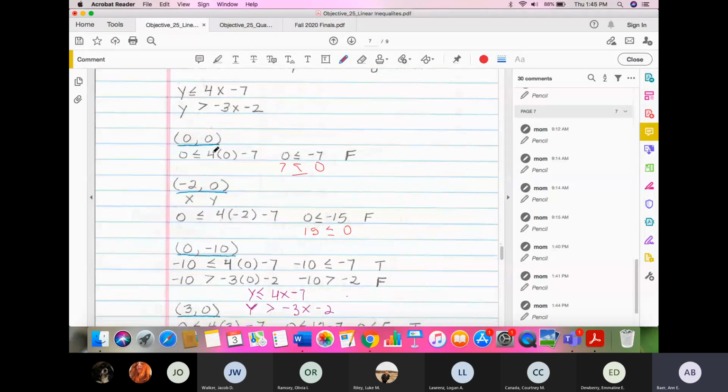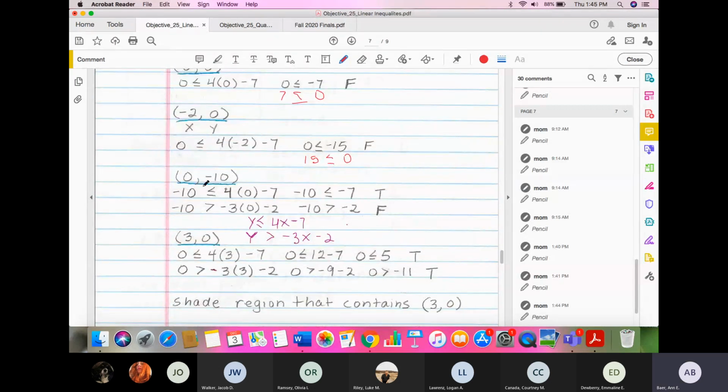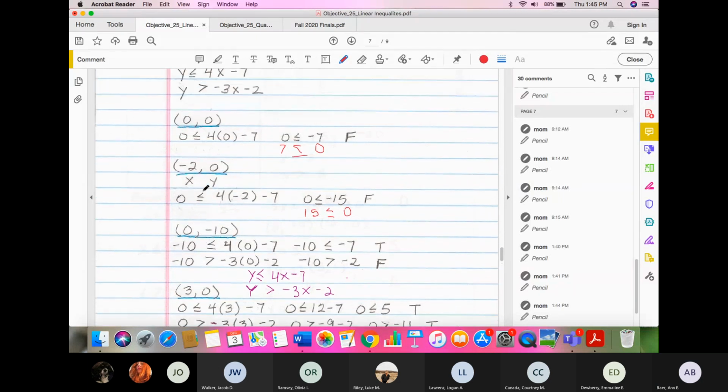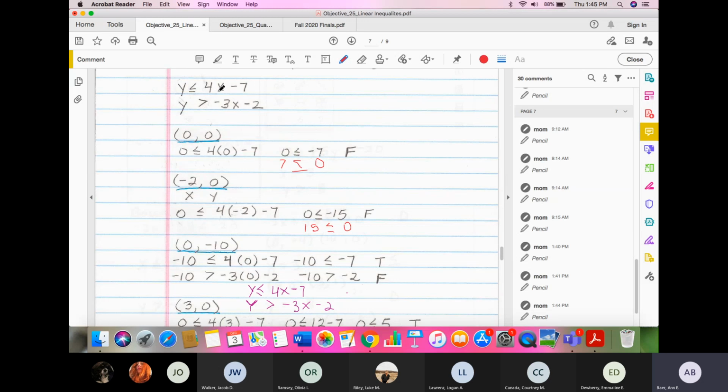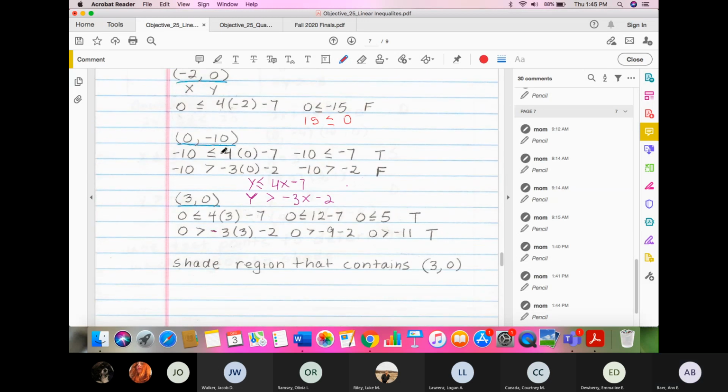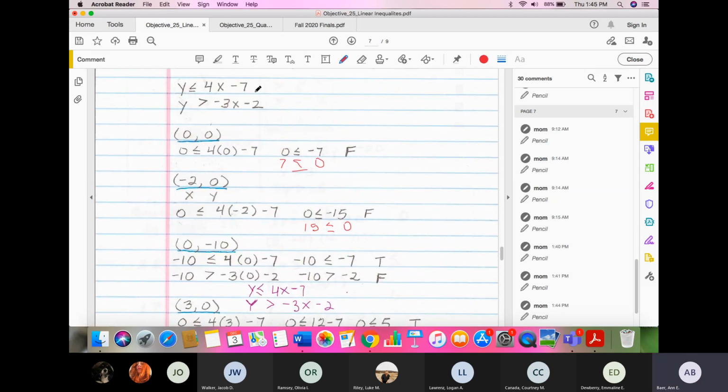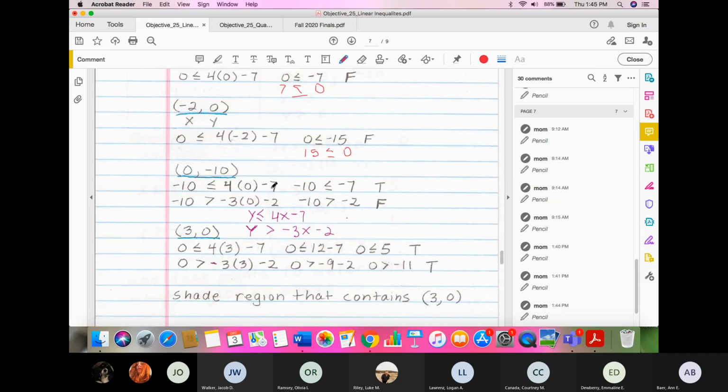So we have a y. Our y for this test point is -10, less than or equal to 4x. Our x coordinate is 0. And then -7. So we just have -10 on this side, less than or equal to 4 times 0, which is 0, minus 7 is -7 over here.